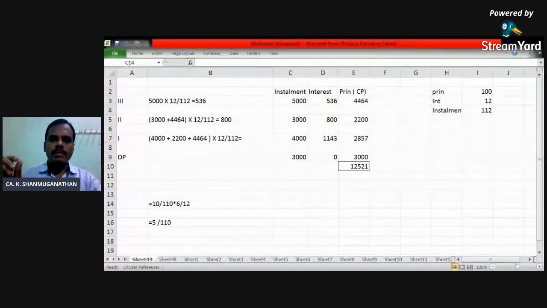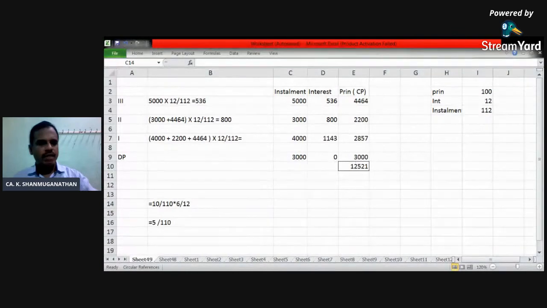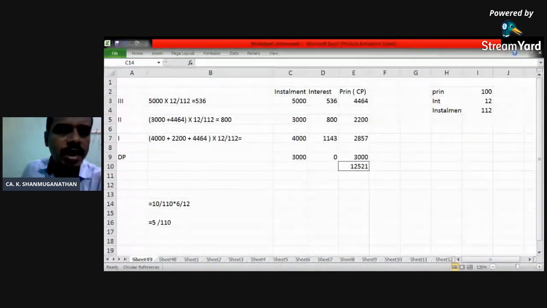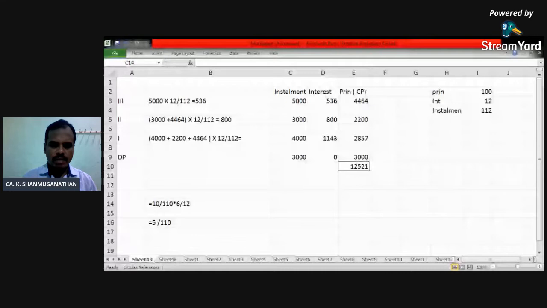then you have to prepare something called a memorandum trading account.